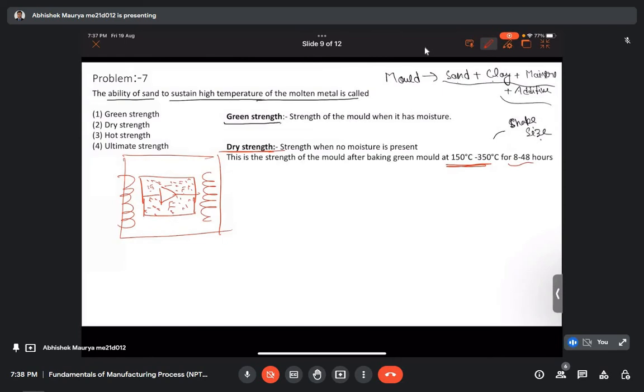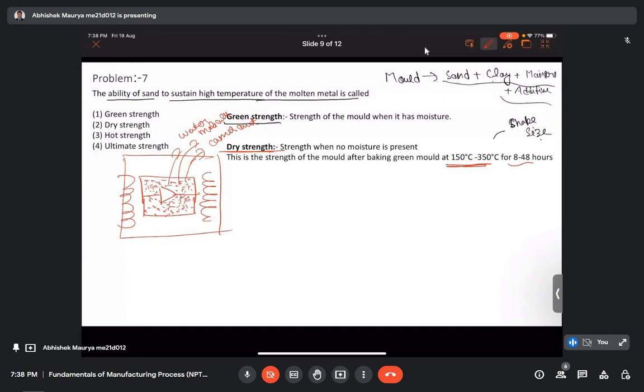So what happens, the water molecules present inside the grain mold get removed. So water molecules come out, and the bonding between the sand and clay becomes stronger, and the overall strength of this mold gets increased.